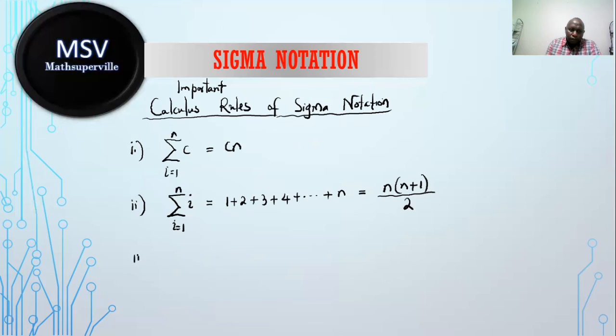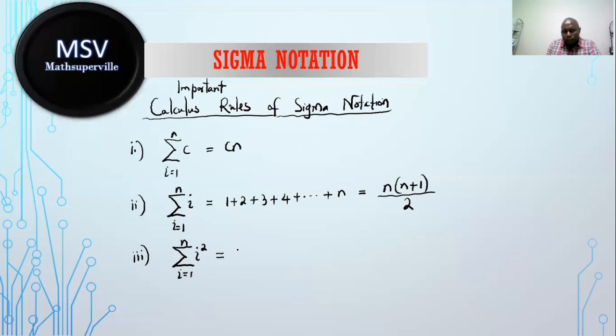The next rule is the sum of squares. So here you are summing i squared, where i is your index and it runs from 1 through n.